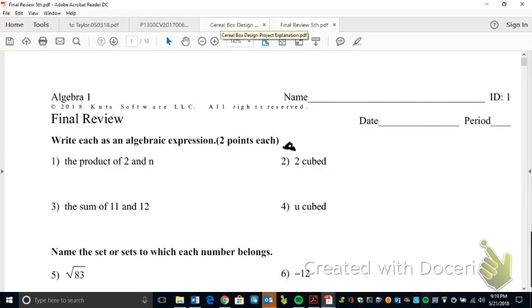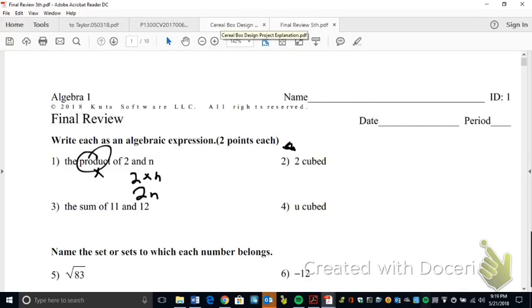All you're really doing is turning the words into an actual expression. Where it says product, that means multiply. So we're multiplying 2 and n.